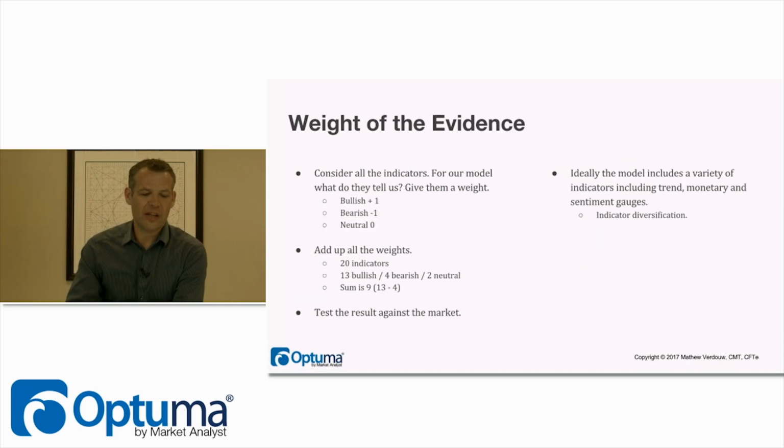Next one there, weight of the evidence. Now this is not only Ned Davis, I've seen a lot of successful people do this. Greg Morris from Stadion does the same sort of approach where they have these signals and each signal comes in and they look at these and say, right, let's say there's 9 signals in our strategy. When we've got 5 or more, then it's a buy.